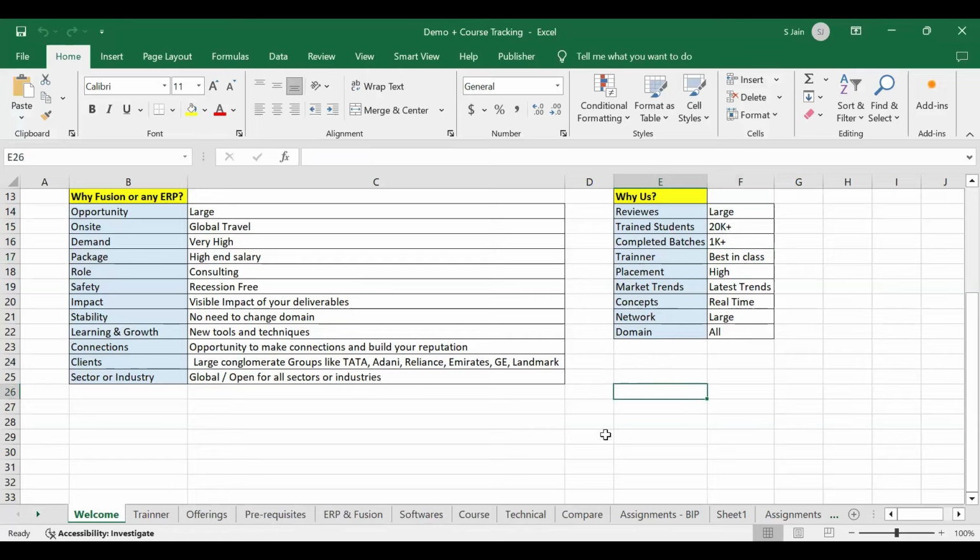Guys, generally we will be having 3 demo classes. Demo 1 is where we discuss who I am, what your expectations are, what we are going to deliver, how we are going to deliver, and what areas we will cover. We will also cover the right knowledge required so that you can become a technical consultant, and claim yourself to be a Fusion ERP consultant having 2 to 3 years of experience in that domain.